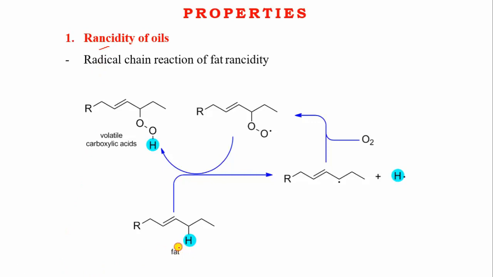In this reaction, in this fat, a hydrogen free radical is liberated and it forms a free radical, which in the presence of oxygen is converted into an oxygen free radical, and the liberated hydrogen free radical is added to the oxygen free radical and is finally converted into the volatile carboxylic acid. So this is the reaction mechanism for rancidity.